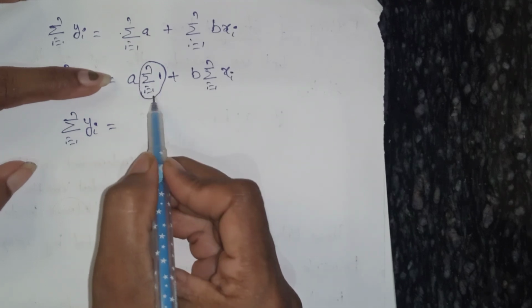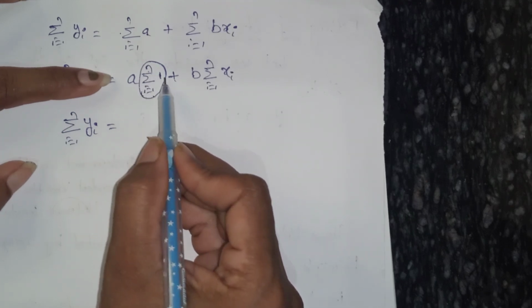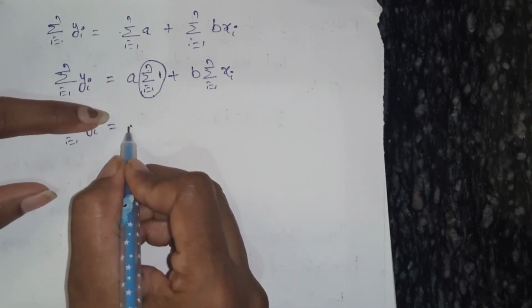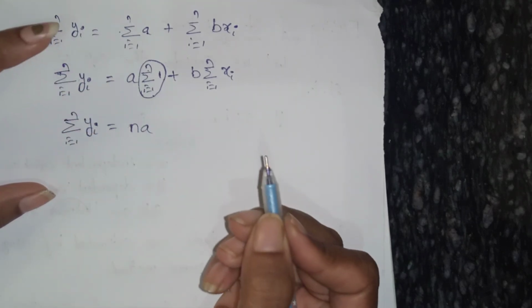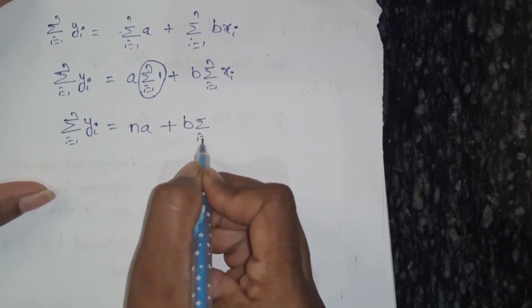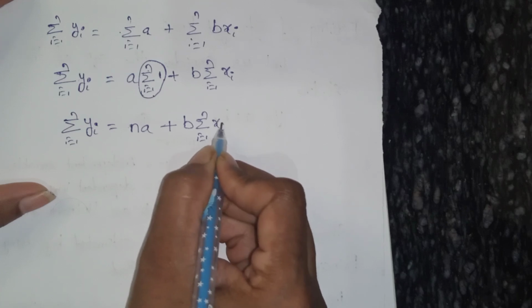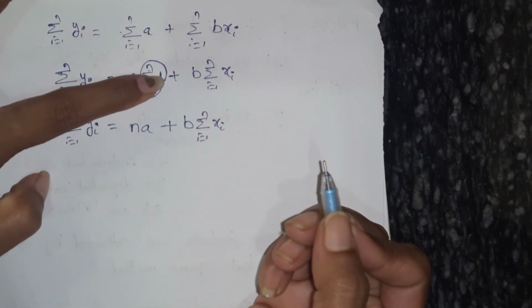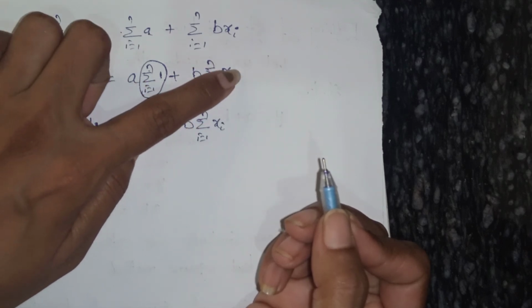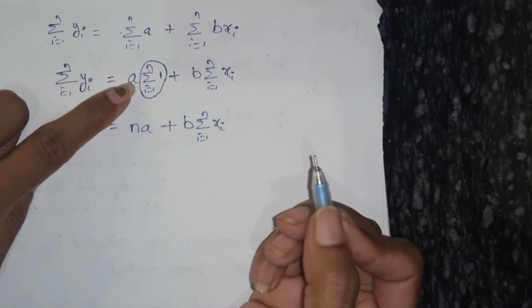Why? Because the values, one by one, go up to n. So we get na plus b summation i equals 1 to n xi. Here only 1 is there, so instead of this we wrote n. Here xi is there, so we should not write n.